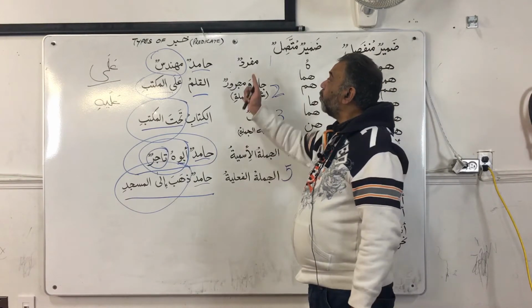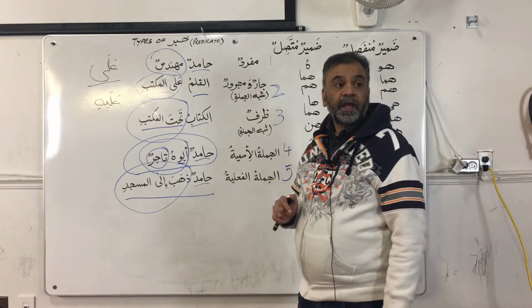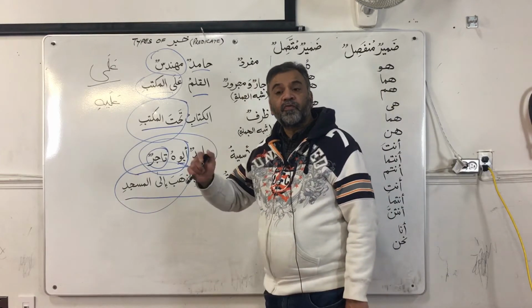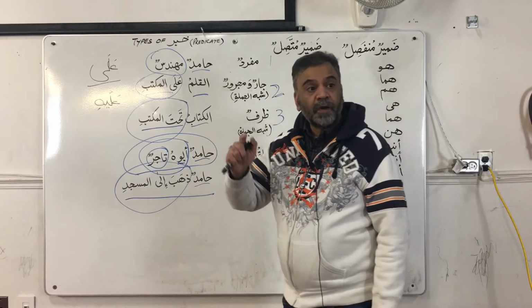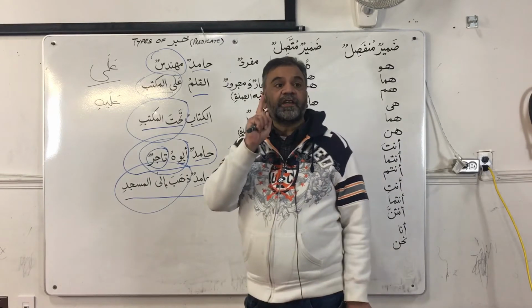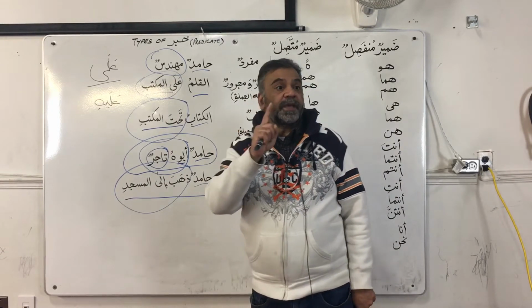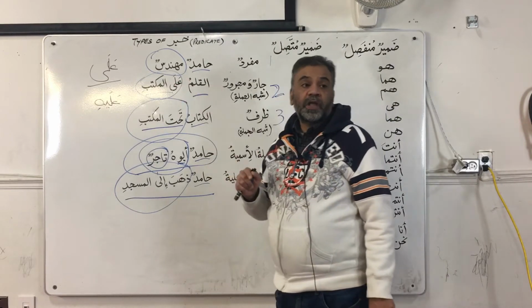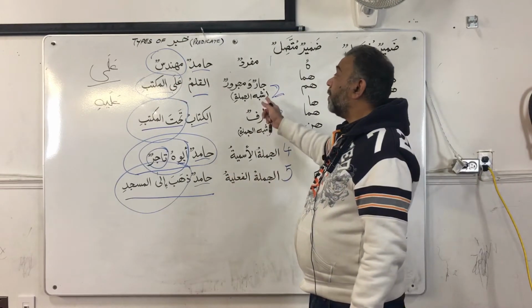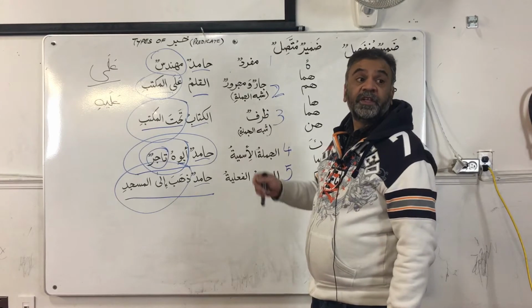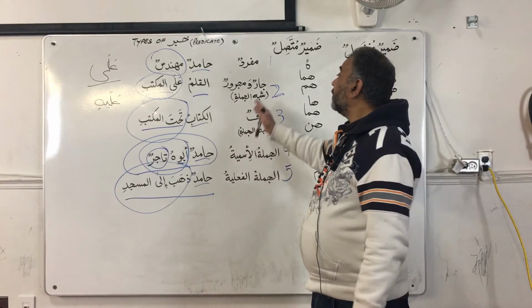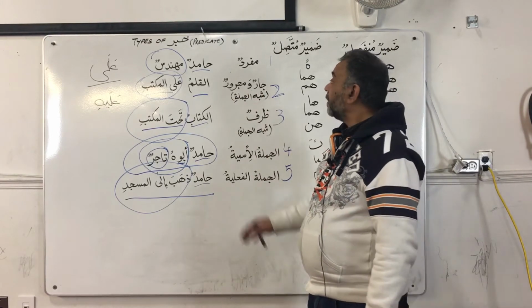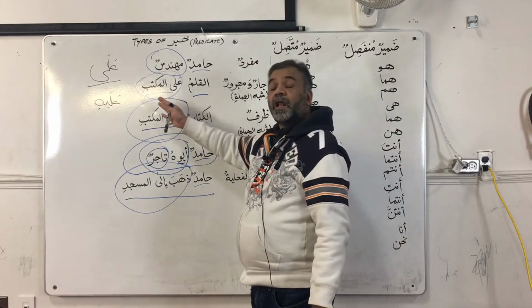When khabar is one word, it will be called mufrad, it will be marfu, and most of the time it will be indefinite. Hamidun muhandisun. Khabar can be a phrase, shibu jumla, jarun wa majrurun. Al qalamu alal maktabi.